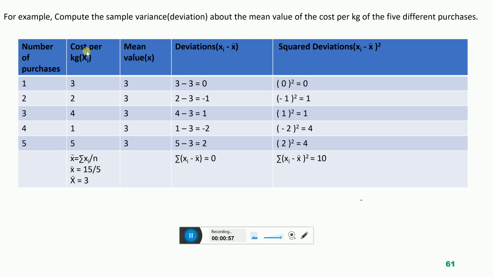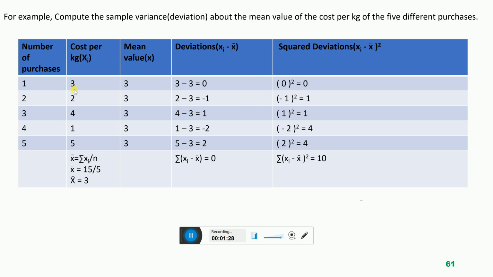Cost per kg is also given, where xi represents the data items in the data set, which is the cost per kg of the 5 different raw materials. $3 is the cost per kg of the first raw material, $2 is the cost per kg of the second raw material, $4 is the cost per kg of the third, and so on. So these are the data items.